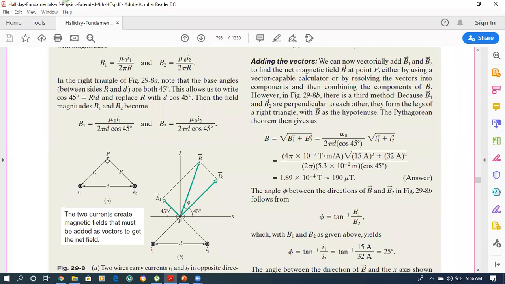We draw the exact perpendicular from P downward to D, so the 90 degree angle will be divided into 2 and become 45. So cos 45 will be R by D according to this right triangle. We put this into this equation, and for the B2 current it will become like this.